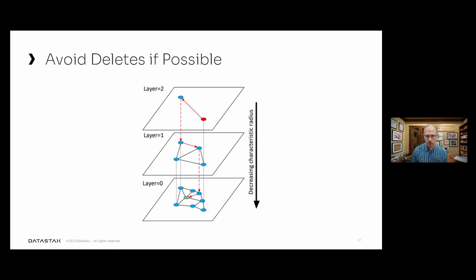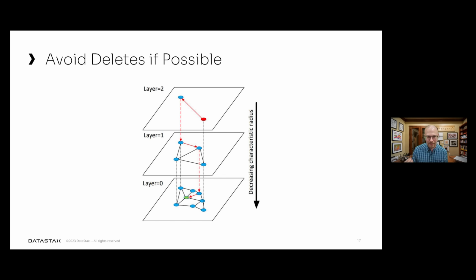Another thing is that you should avoid deletes if possible. So if it's not possible, then it's not, and Cassandra will handle it just fine. However, it does become less efficient, and that's because of how the index works. Remember that the index is basically a graph of nodes representing each vector and the neighbors of that node.